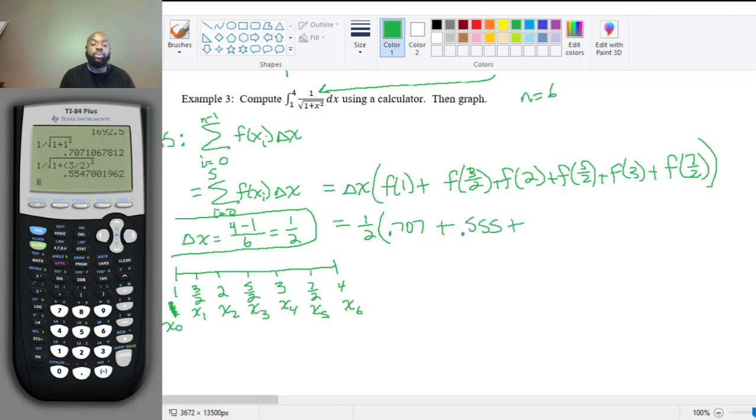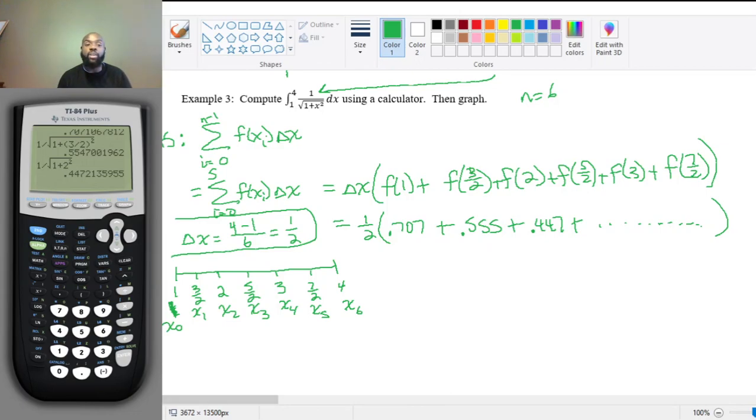Now I'm going to put 2 in there: 1 divided by the square root of 1 plus 2 squared. I didn't put that in parentheses because 2 is a single number. I'm getting 0.447. All right, and you get the picture. You can continue, add those numbers, multiply by half or 0.5, and you're going to get your estimate here.